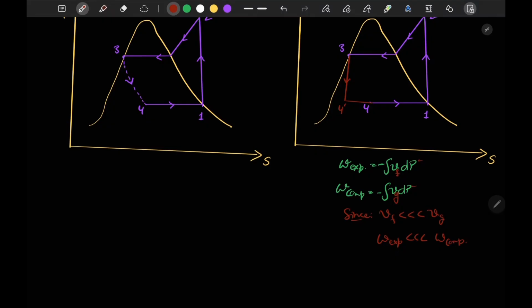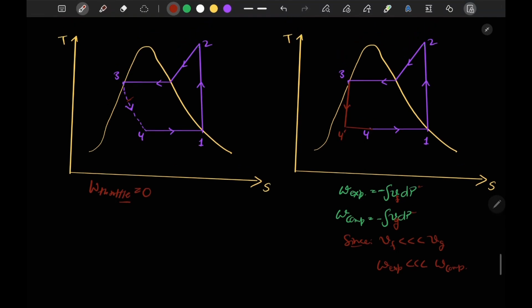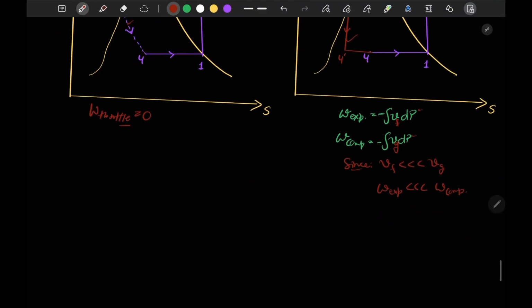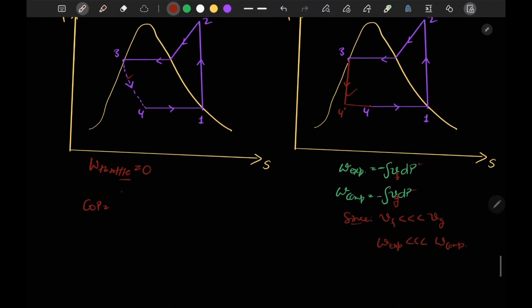Although if we talk about throttling, the work done by throttle is equal to 0, we know that. But here, if we install an expander, then our system will become bulky. And we have calculated COP for this, which comes out to be H1 minus H4 upon H2 minus H1.